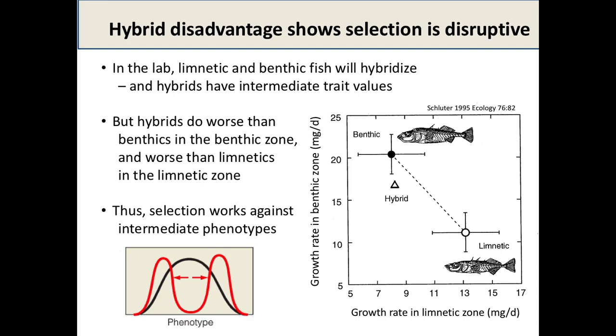This intermediate form would be able to compete well with benthic and limnetic individuals, and this complex, where we have two discrete populations out of one single distribution, will collapse.